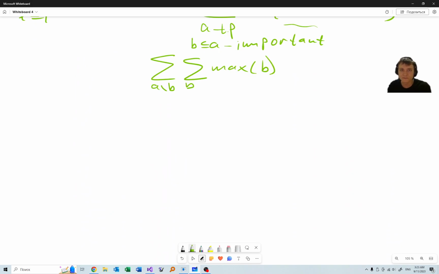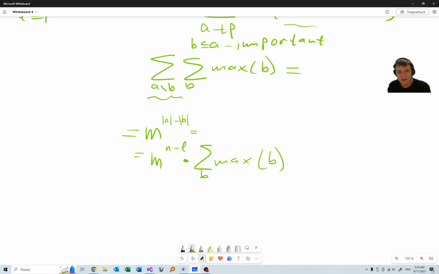Let's continue. This actually does not affect the answer. The only thing it does is it multiplies the answer by the number of ways of choosing these numbers. And this is just m to the power of a minus b, which is m to the power of n minus L. Now we need to find this thing.